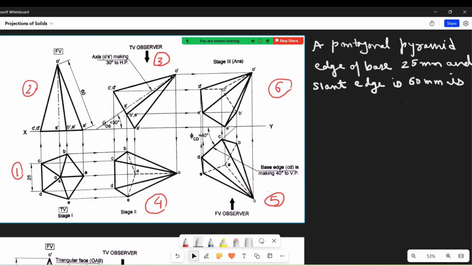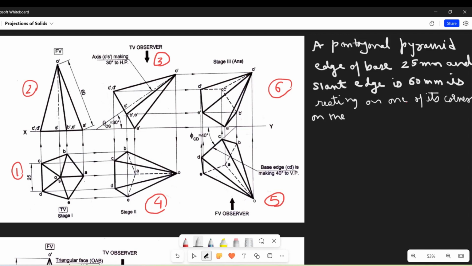Since this is the front view and the front view is touching the XY line, we can say that this pentagonal pyramid is resting on one of its corners on the HP.